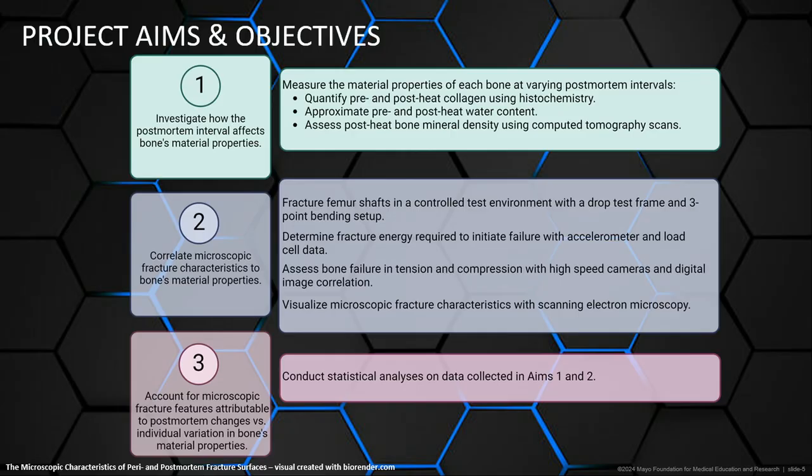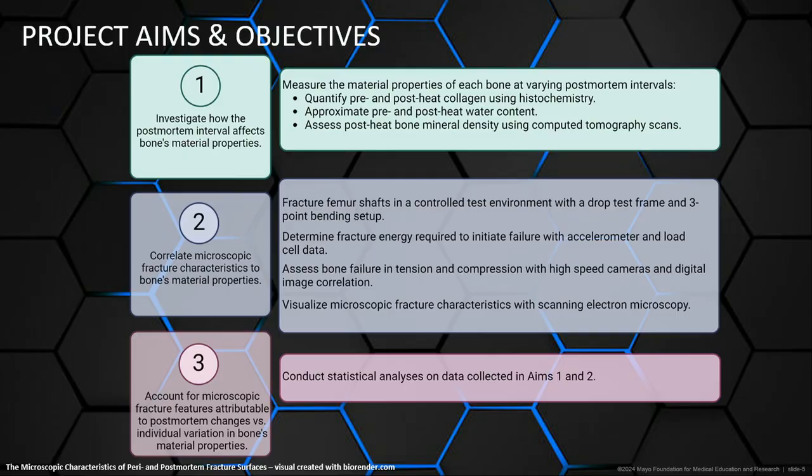These fall into a couple of different categories. You have variables that are innate to every single one of us that are going to vary widely, and I'm talking about bone mineral density, collagen content, and cortical bone thickness. And then we have other variables that are definitely influenced by the postmortem interval, like water loss.